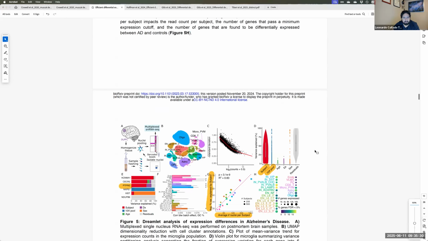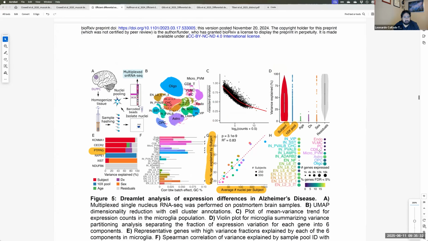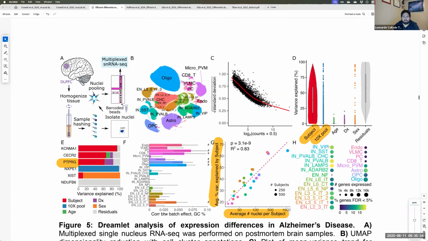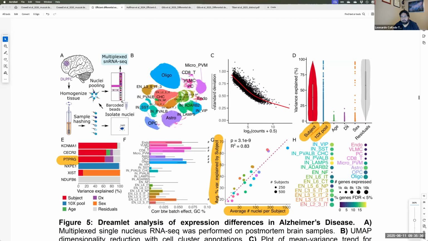This data set might be a bit more along the things you would expect, where the actual covariate of interest, diagnosis, this purple one, is super low. However, for example, there's the gene PTPRG that has a larger purple bar than other genes.